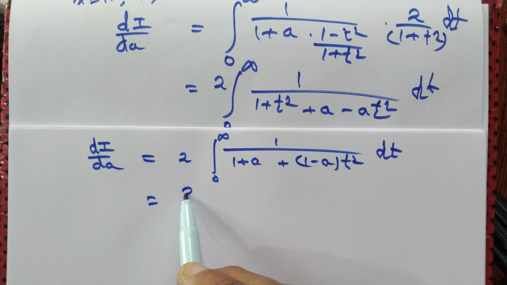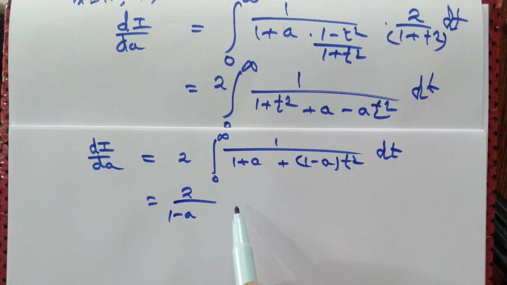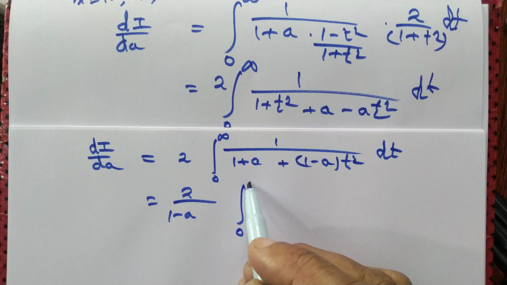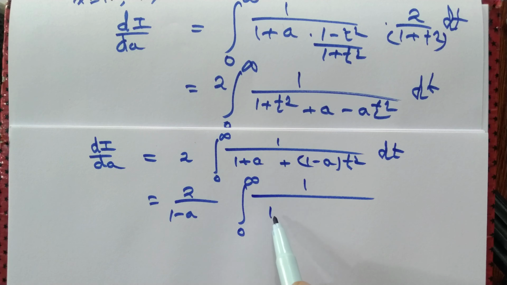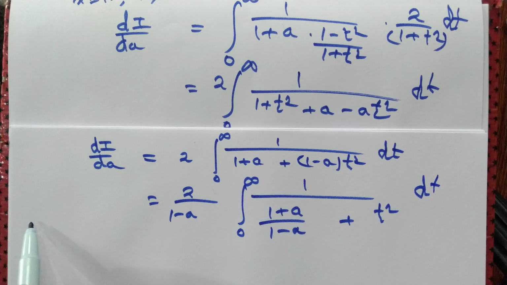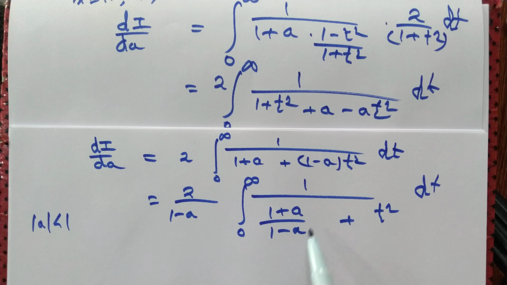We take 1 - a common, so the integral from 0 to infinity of 1/((1 + a)/(1 - a) + t²) dt. We assume |a| is less than 1. This is simply undefined for a equal to 1. And if |a| is less than 1, this quantity remains positive, and so we can write it as a square root, whole thing squared.